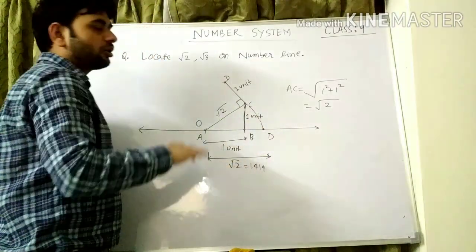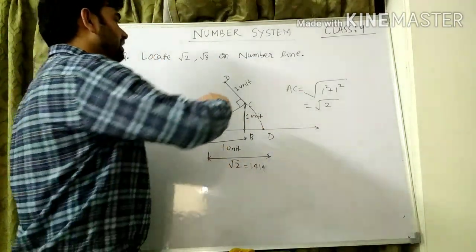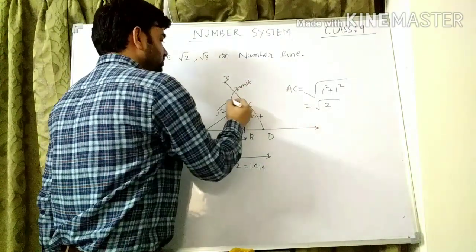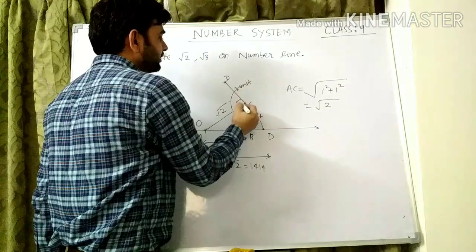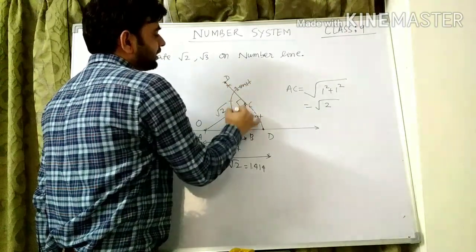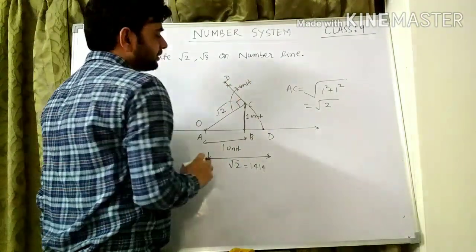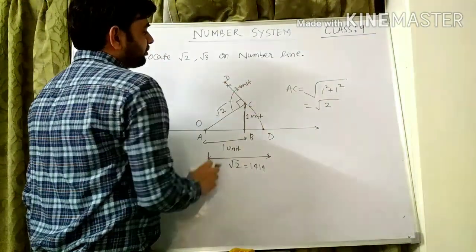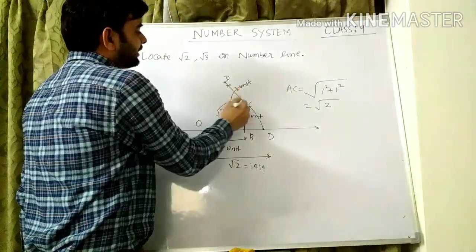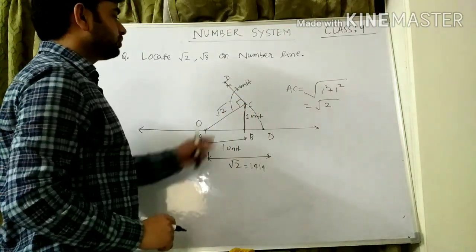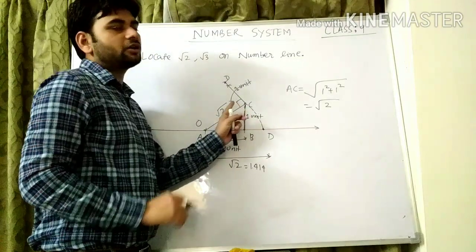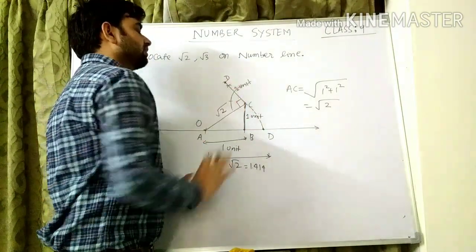Using the protractor or the compass, you can draw like this and make the 90 degrees. Otherwise you can put the protractor and take a straight line of 1 unit and you will get the 90 degrees here. You can use either method.